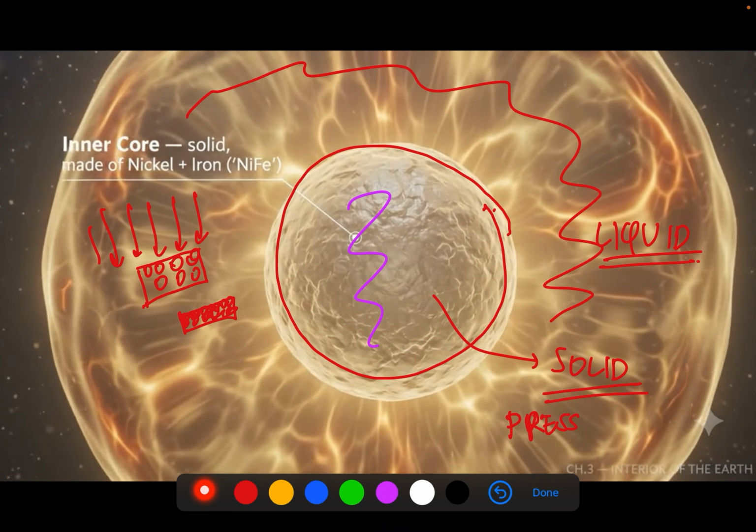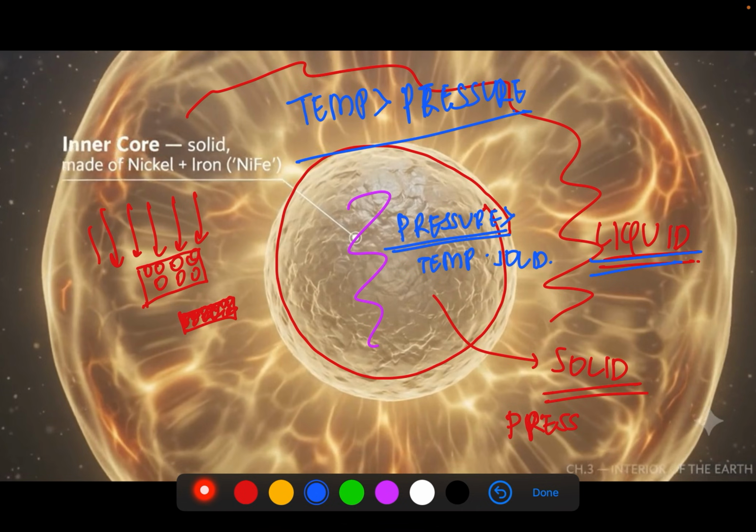Here pressure is overtaking temperature, thus it's in a solid state. However, in the outer core, it is temperature which takes over the pressure, and thus it is in a liquid state. Is this thing clear?